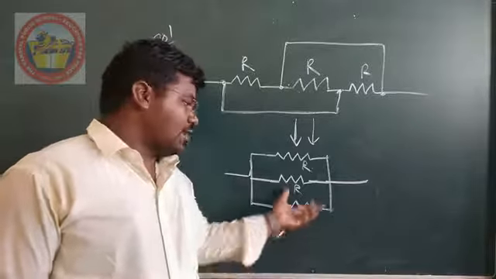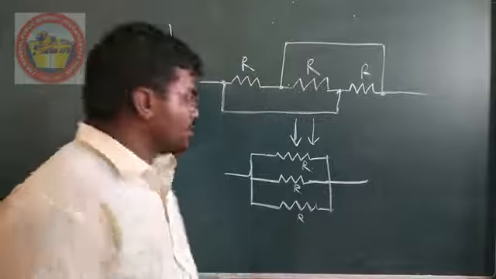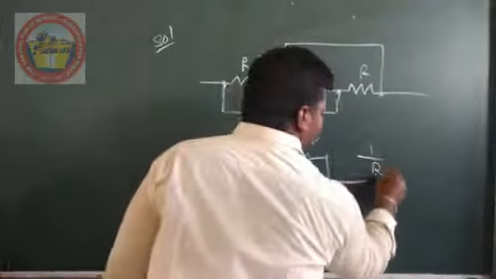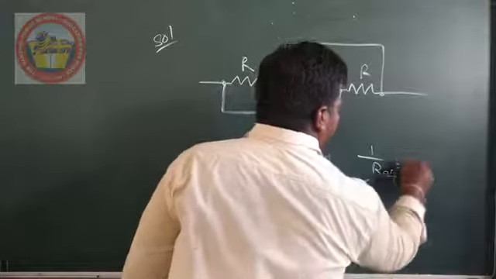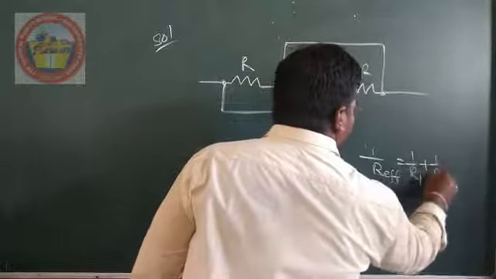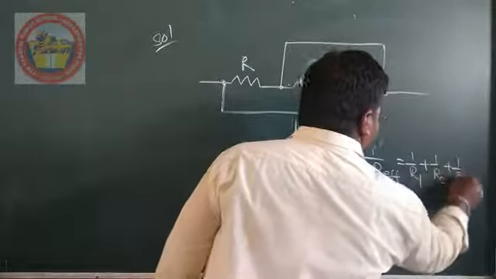What is the formula for this? 1 by R effective is equal to 1 by R1 plus 1 by R2 plus 1 by R3.